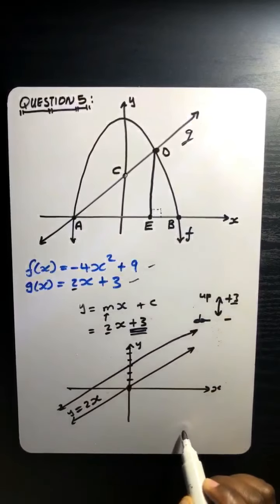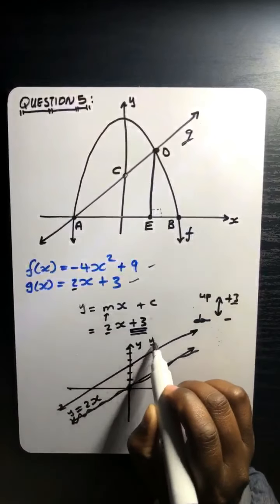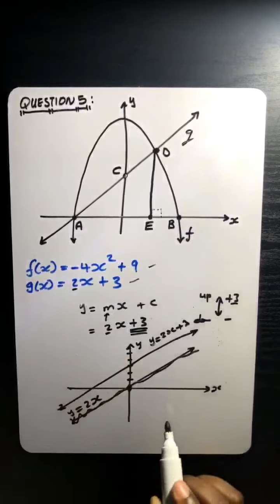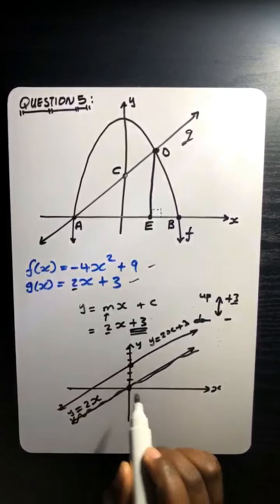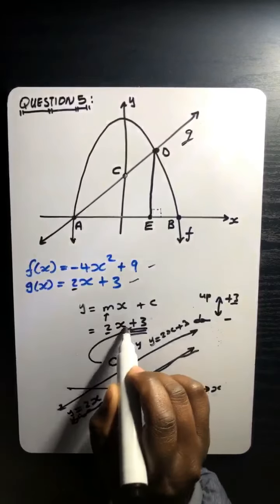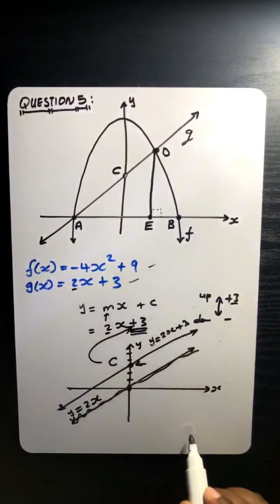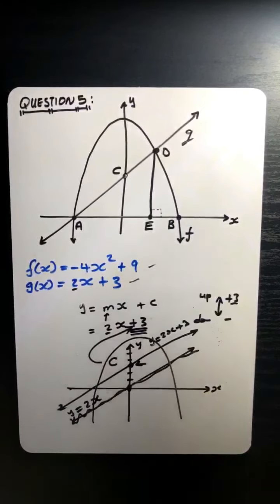So can you guys now see that this function therefore becomes y equals 2x plus 3, which is that one over there. So this point, are we given it there? Can you see it is named point C? So that means already we know what that is over there. And again, if you remember, we still have that.